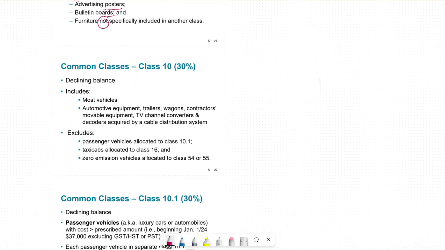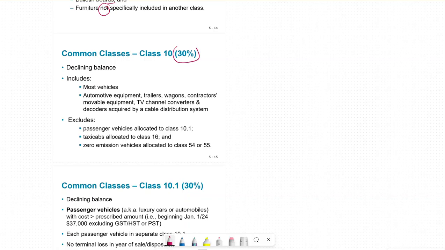Class 10, we're allowed to write off 30% CCA. What does that include? It includes motor vehicles, any automotive equipment, trailers, wagons, contractor movable equipment, TV channel converters, and others. It excludes any passenger or luxury vehicle.